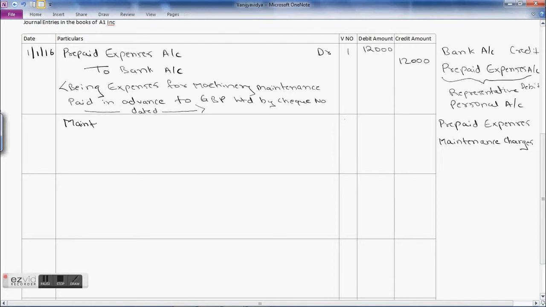So maintenance charges account, debit to prepaid expenses account, okay? And the date here will be what? 31st Jan 2016. I'll just put it as entry number 2. What will be the amount?